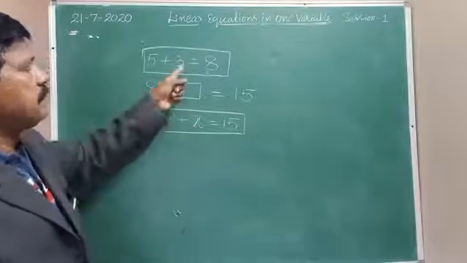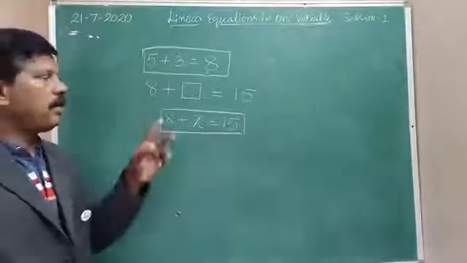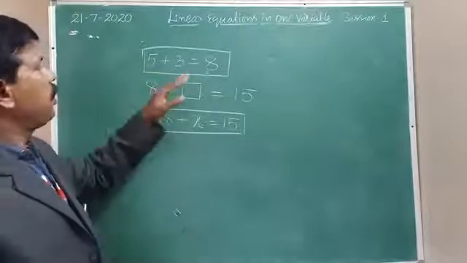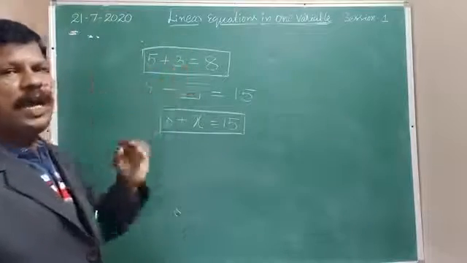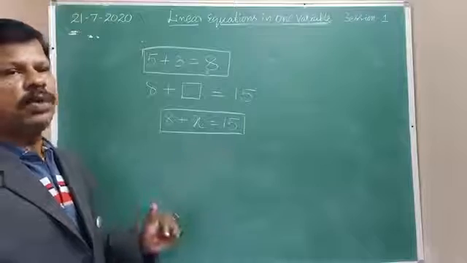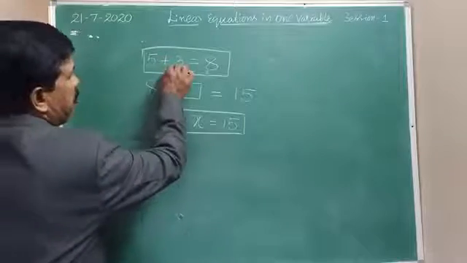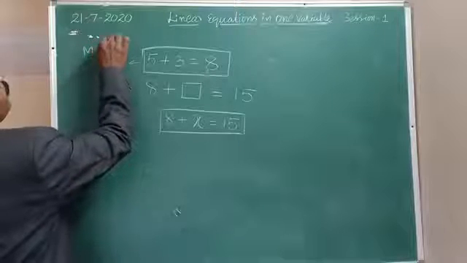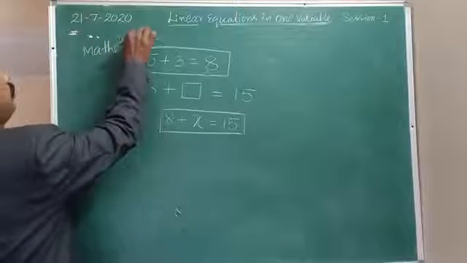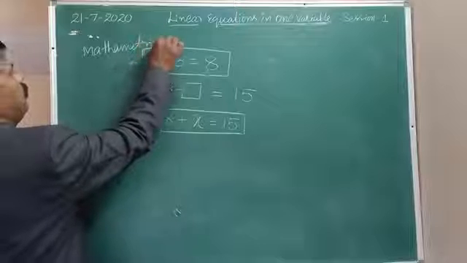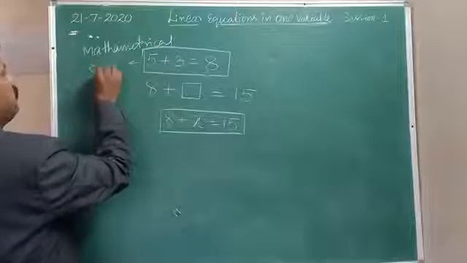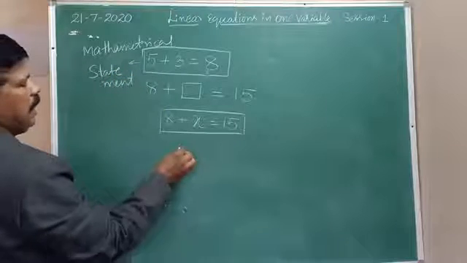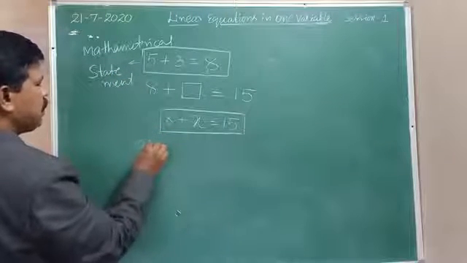But in the first one, we can say by seeing it whether the statement is true or false, right? Because 5 plus 3 is equal to 8. So the statement is true. Such statements are called mathematical statements. And this is called an open sentence.